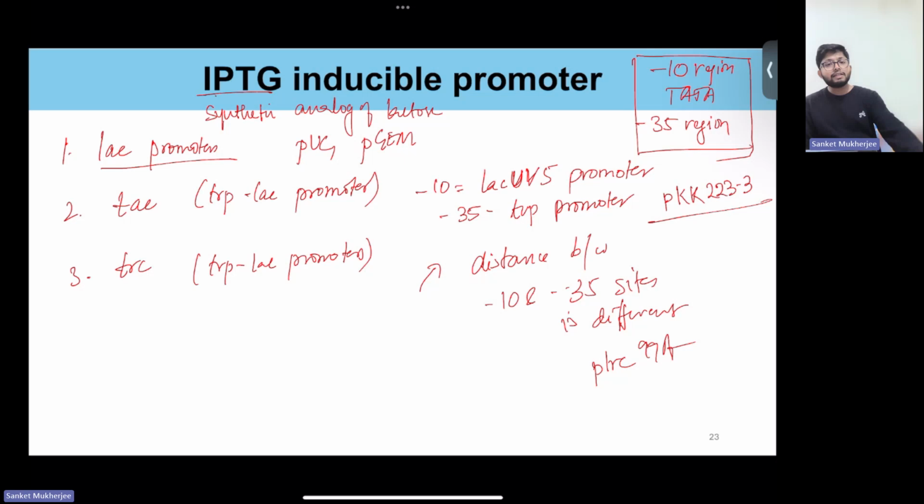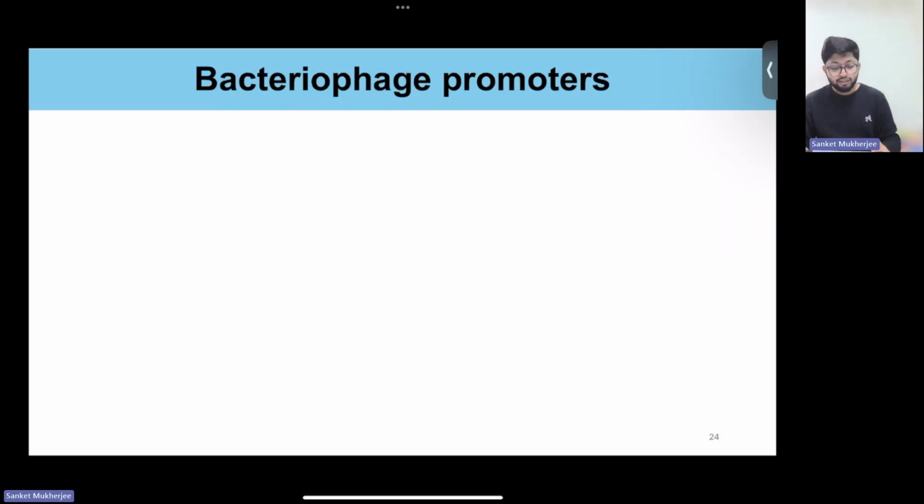There are certain bacteriophage promoters as well, for example the lambda PL promoter and the T7 promoter. These two promoters have very tight control over protein expression.